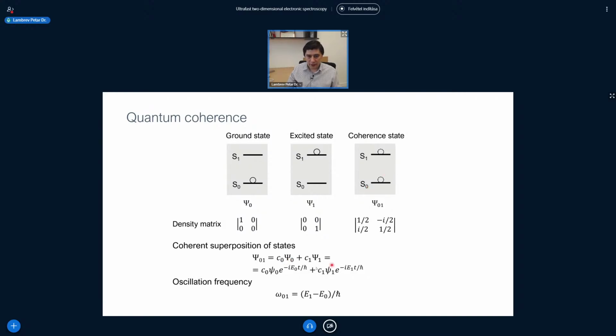So the coherent state is a superposition, a linear combination of the ground and the excited state in this case. And unlike the eigenstates, it's not a stationary state, it's dynamic. It has this term, if you can see this complex exponential. That means that this state, the wave function, will oscillate, and it will oscillate with a frequency, omega, which corresponds to the energy difference between the two states. So this is something to remember because it's crucial for any kind of coherent spectroscopy.